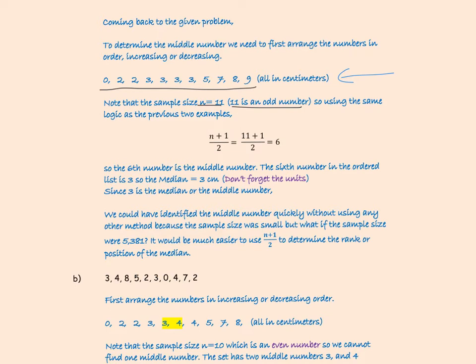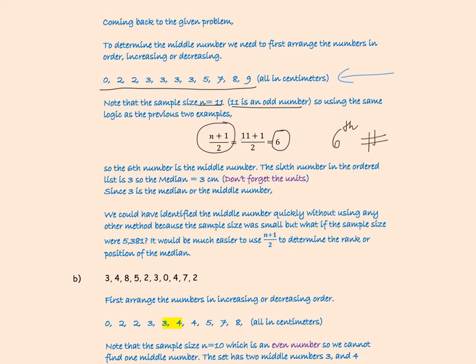So we take n, which is the sample size, add 1 and divide by 2. So 11 plus 1 divided by 2 is 12 divided by 2, which is 6. This 6 is not the median. This 6 gives us the position of the median. So it's the 6th number that we should be looking for.